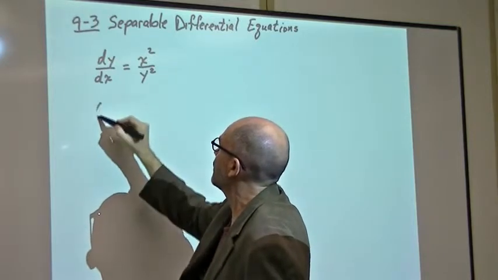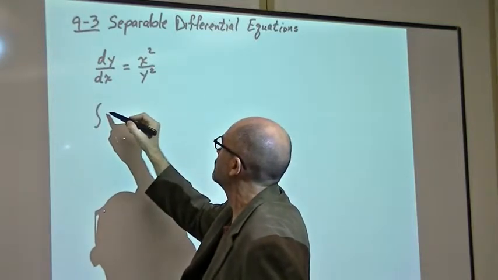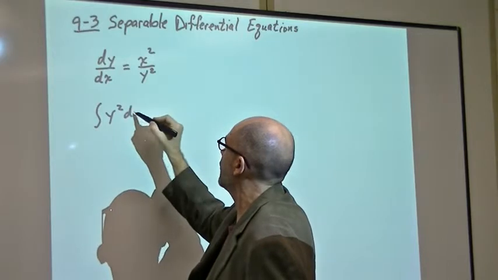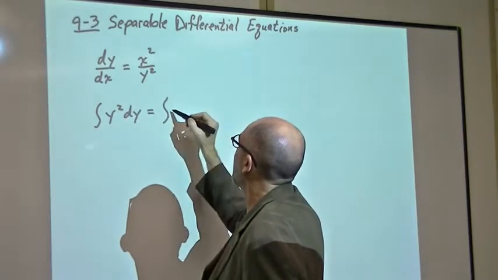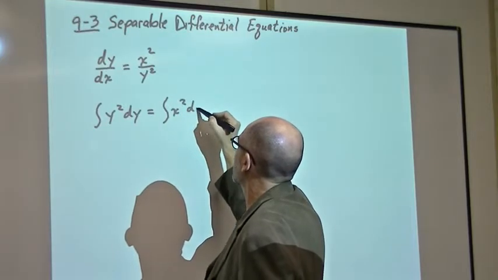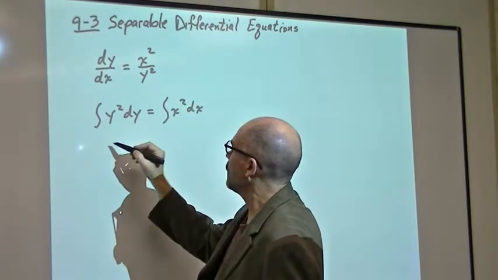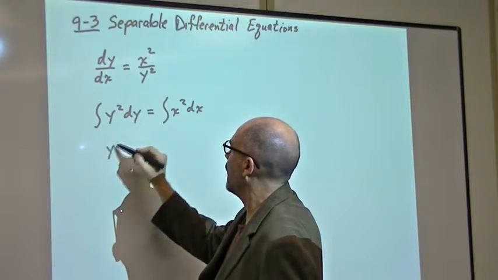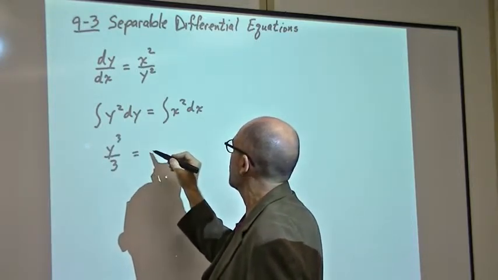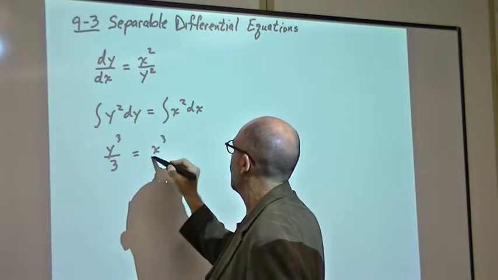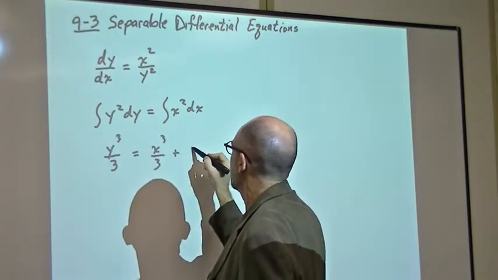So what I'm going to have is the integral of y squared dy equals the integral of x squared dx. So this means I have y cubed over 3 equals x cubed over 3 plus c.